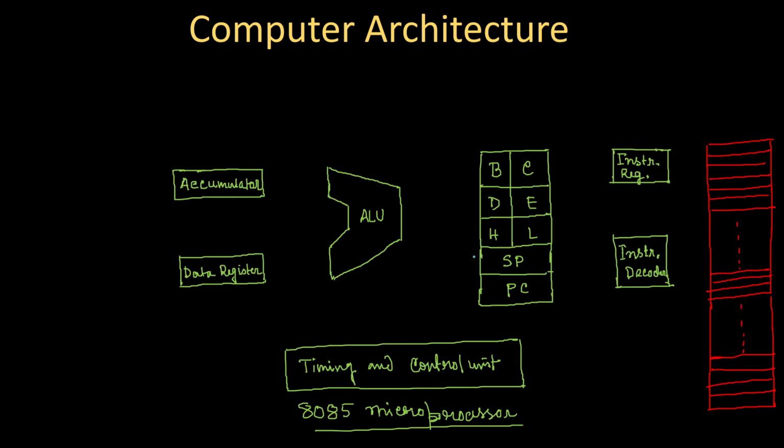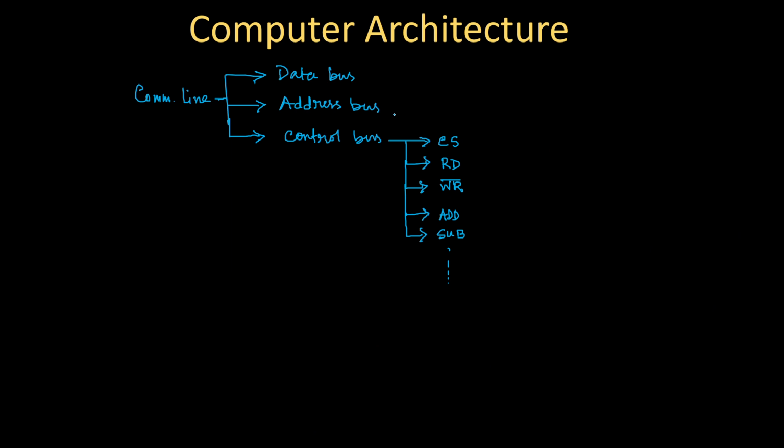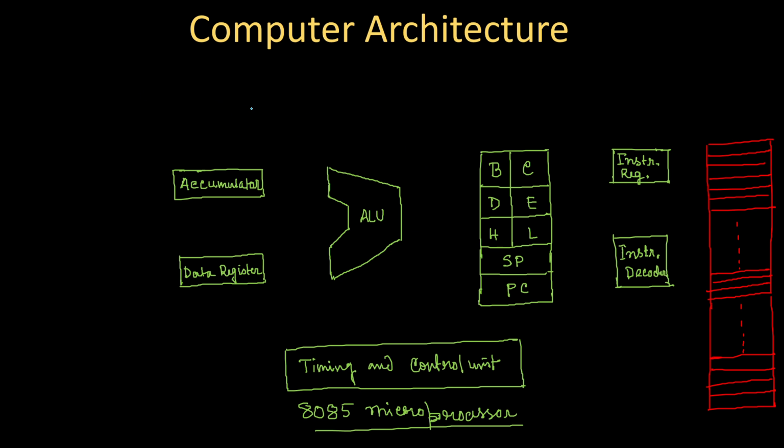Now if I forget about the address bus right now because of this space, let's draw the data bus which connects all these intermediate components. You can imagine that we have something like a common data bus that connects each and every line.